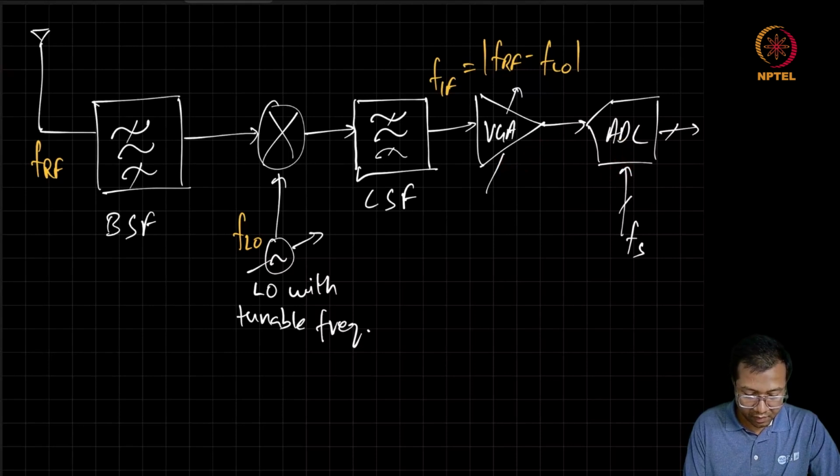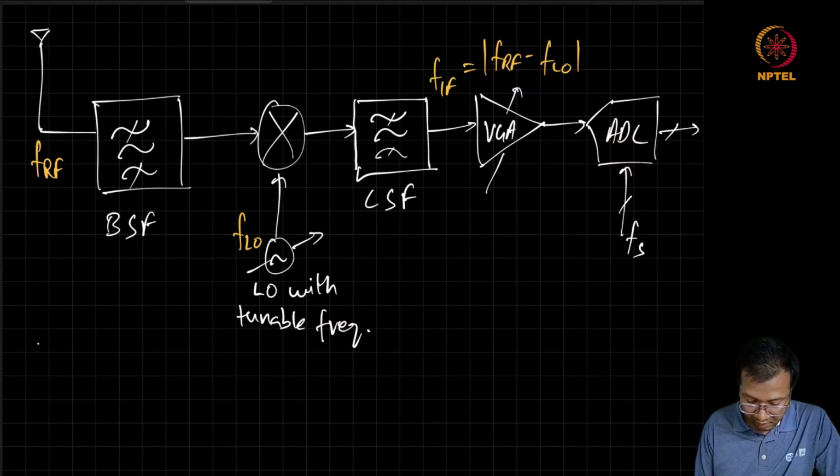Such an architecture is also called a heterodyne architecture, or in this case, a heterodyne receiver.